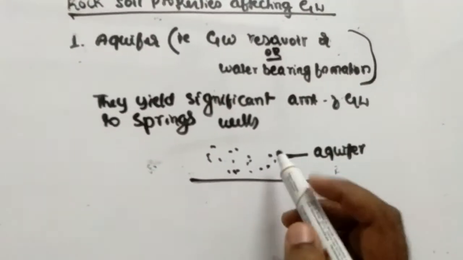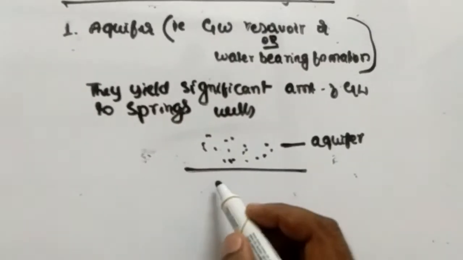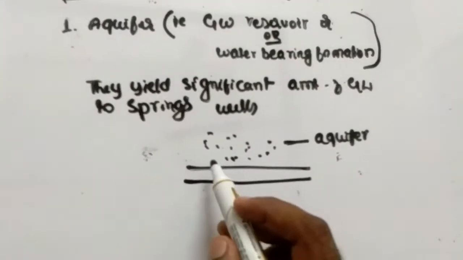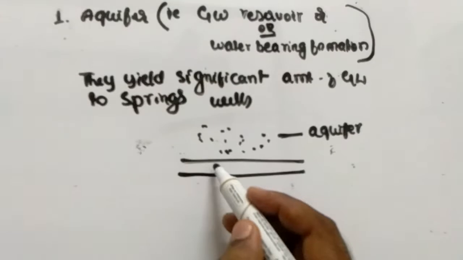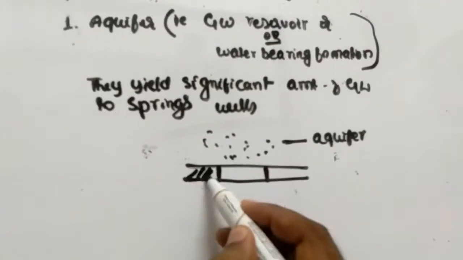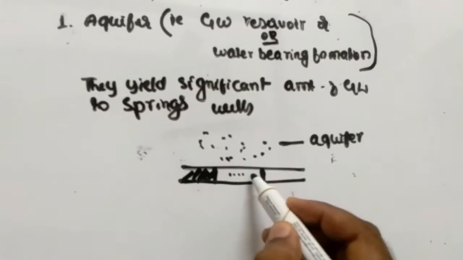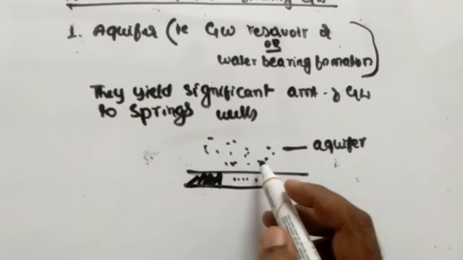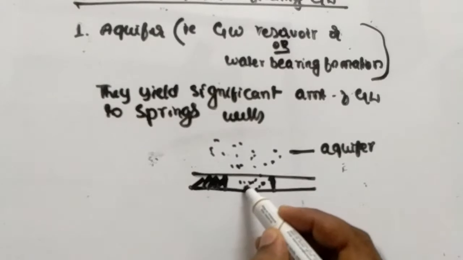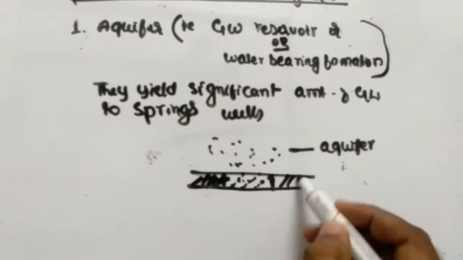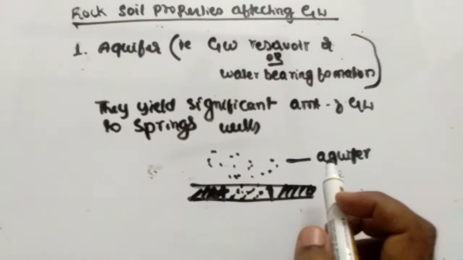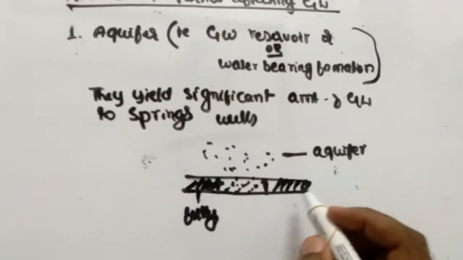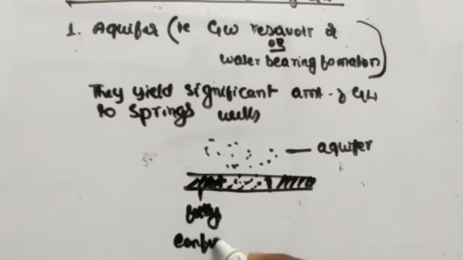This represents void spaces, and then we have fully confined bed or partly confined, semi confined bed. Fully confined means impervious.